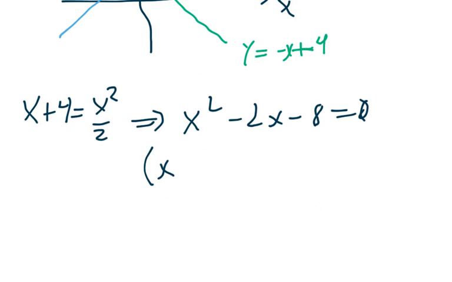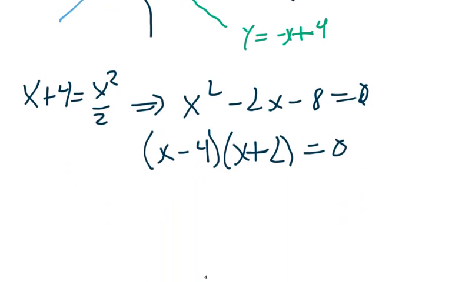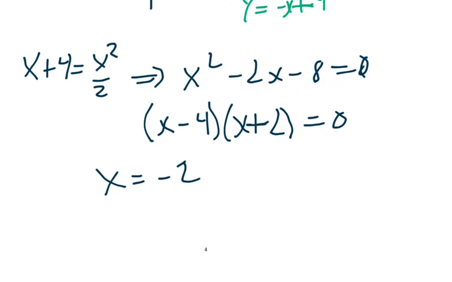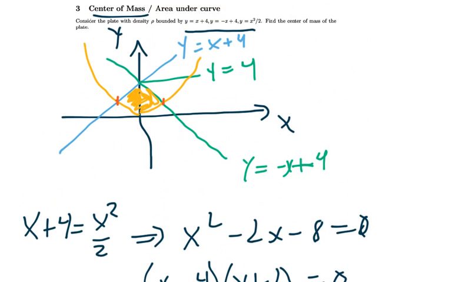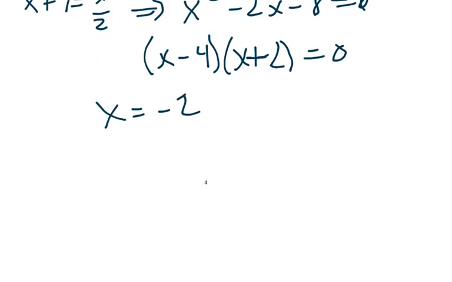And we can factor this, so we have (x minus 4)(x plus 2) is equal to 0. It's obvious from this picture that x equals minus 2 is the thing we're interested in. By symmetry, you could just say this other one has to be x equals 2, but let's check that.